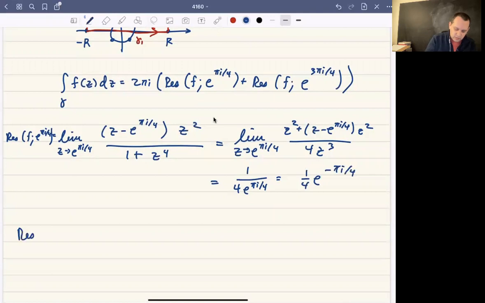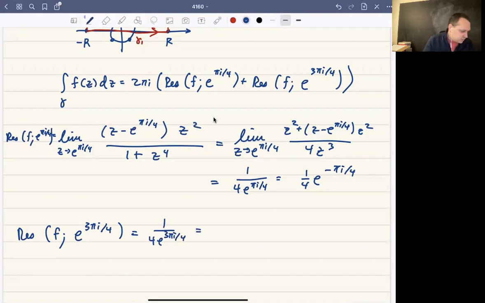Likewise, the residue of f at e to the 3 pi I over 4 is going to be very similar. This will turn out to be 1 over 4 e to the 3 pi I over 4.